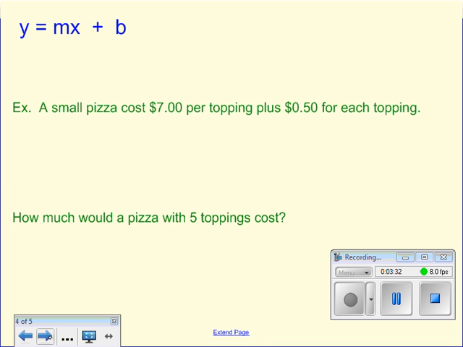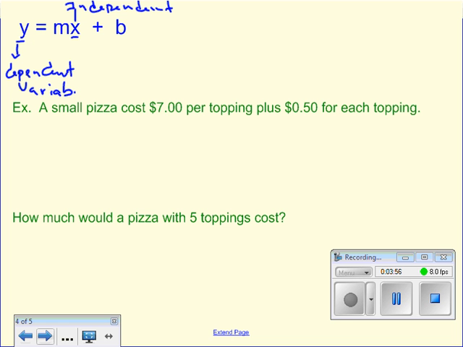And my linear equation is y equals mx plus b. Y is my dependent variable. X is my independent.